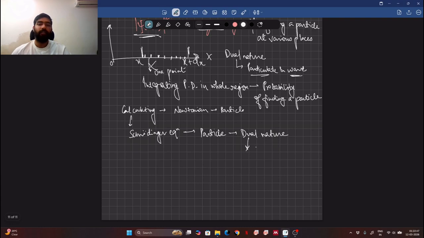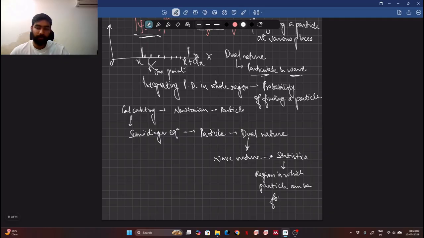And when we are talking about the wave nature, we always use statistics to find out the region in which the particle can be found. So then we have to talk about probability rather than certainty.